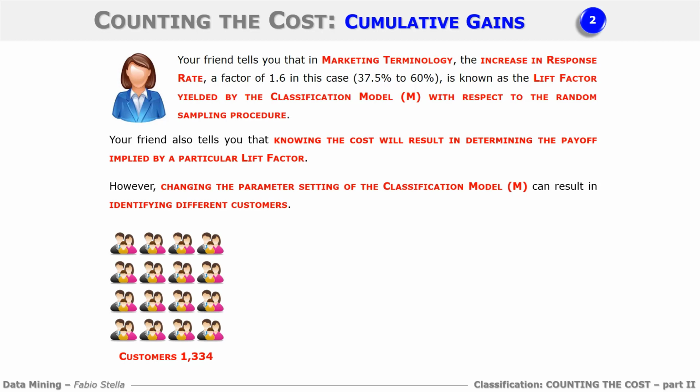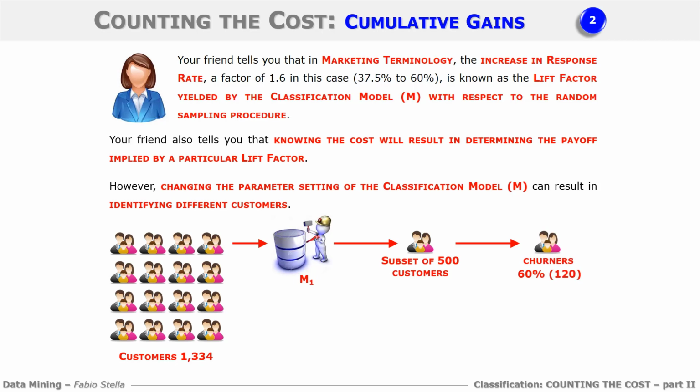You have the set of customers, 1,334 customers, and applying to this set of customers your classification model capital M1, this classification model selects a subset of 500 potential churners from the set of 1,334 customers. And this model is capable to correctly identify 60% of the churners. So in other terms, it is capable to correctly identify 120 churners out of the 200 churners that are included into the customer set consisting of 1,334 customers.